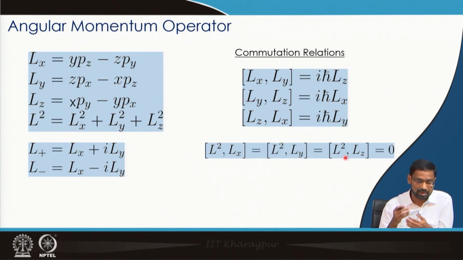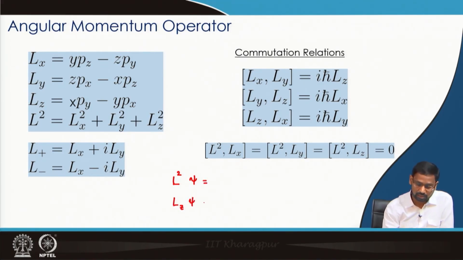So, we can find the eigenfunctions corresponding to the L square operator. If I have an eigenfunction psi, it can be an eigenfunction of the operator L square and it can also be an eigenfunction of the operator Lz.